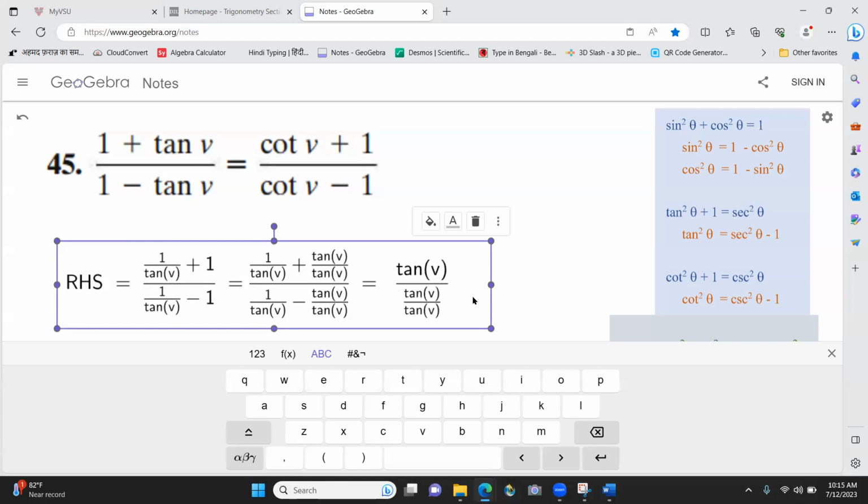And here I'm going to get 1 minus tan V. Why? Because the denominators are the same, they come here. Same kind of deal with the top part, but the top part has a plus.